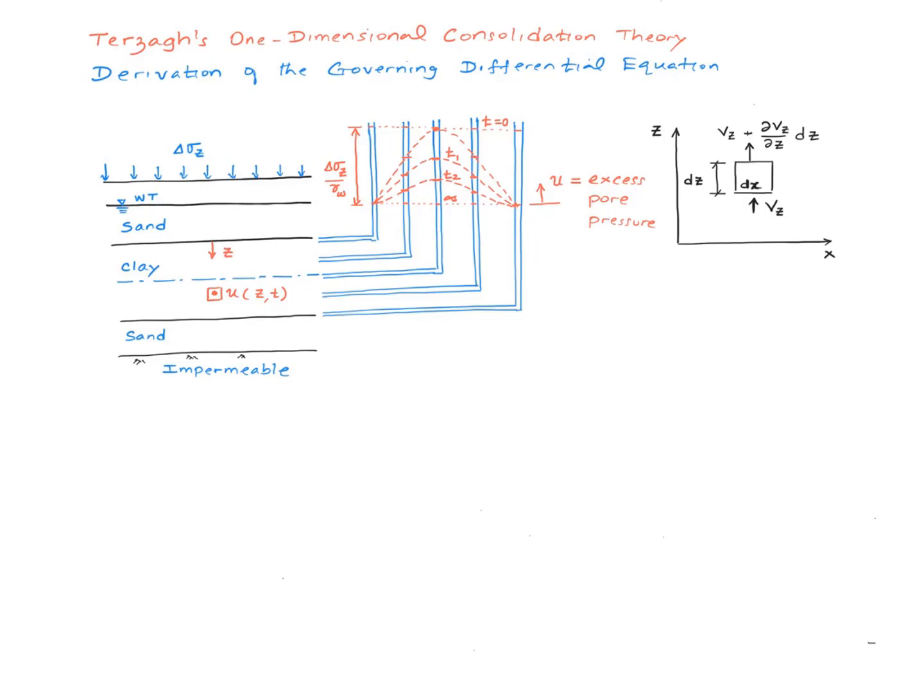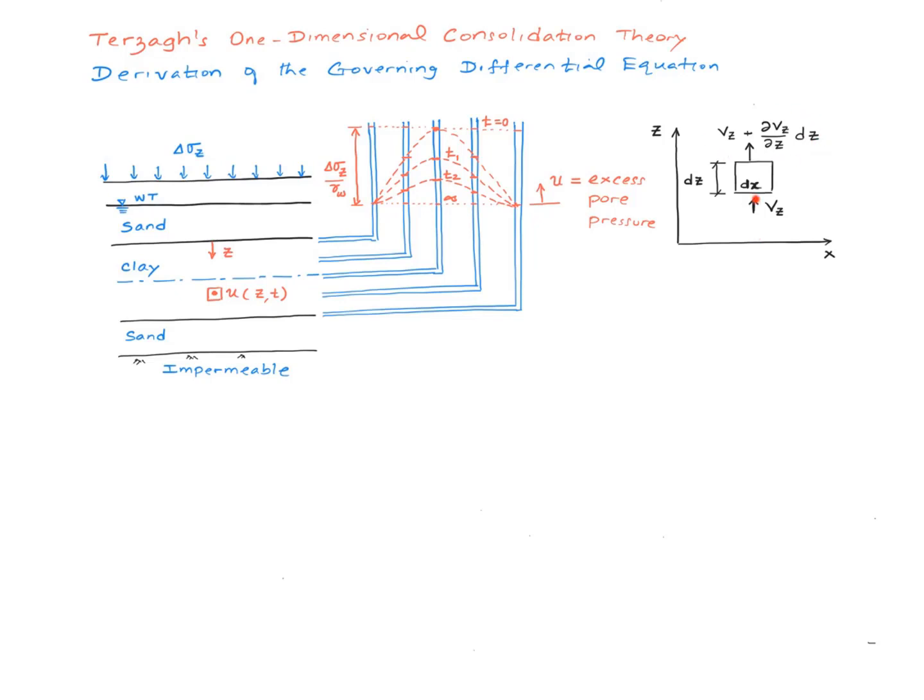So to start the process, we'll just take this little differential element, turn the axis around, and draw the differential element over here and mark important variables on that. Let's just say the velocity of water flow on this face is Vz, and then on this face is going to be Vz plus dVz by dz times dz by calculus, right?